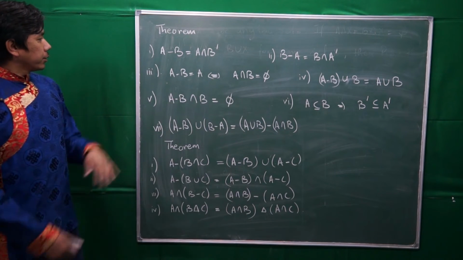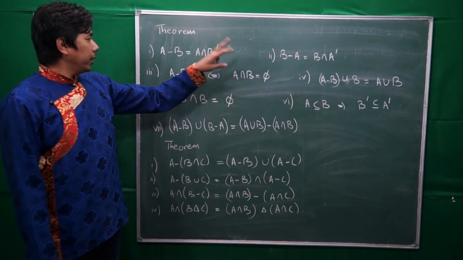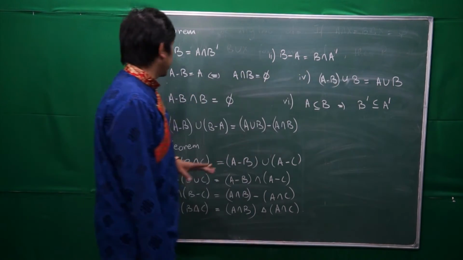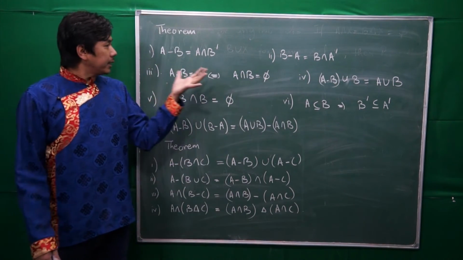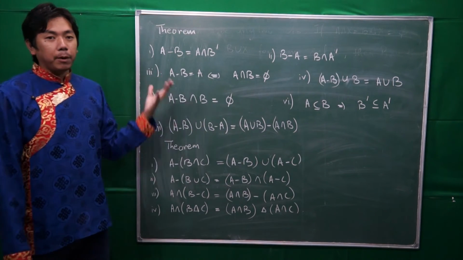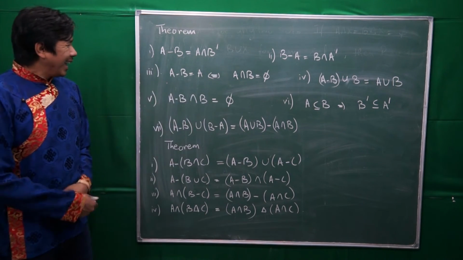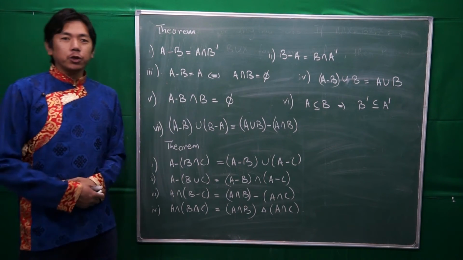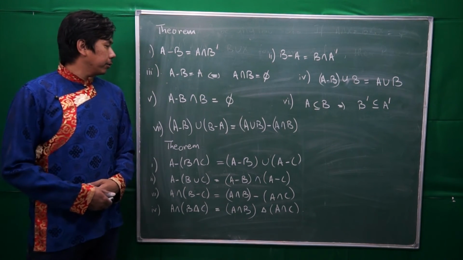Alright. So A minus B would be A intersection B complement. Similarly, B minus A equals B intersection A complement. Now I'm not going into the details of how this comes about and the proofs as well. I'll do some proofs, not every one of them. So that would be your job. If you understood, good, fine.